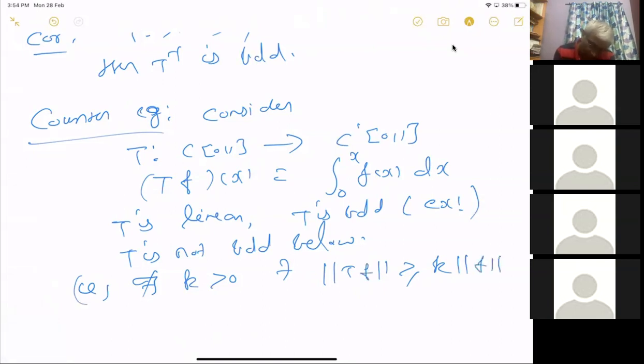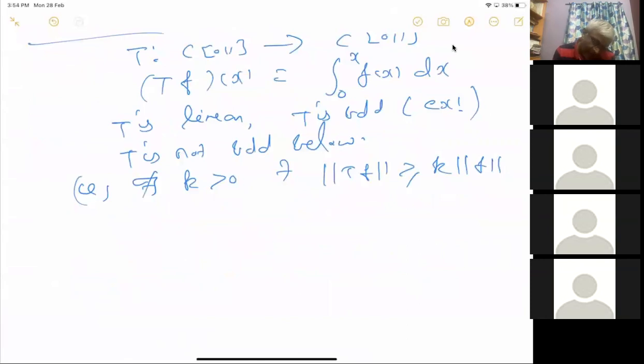If this exists, it means that if Tf_n converges to 0, then f_n should converge to 0.